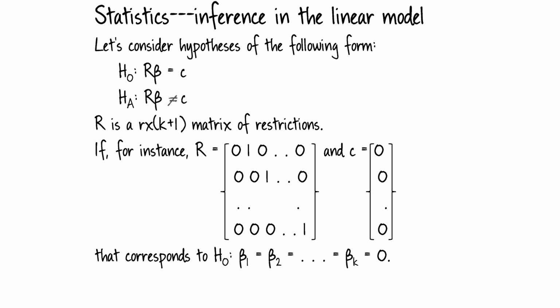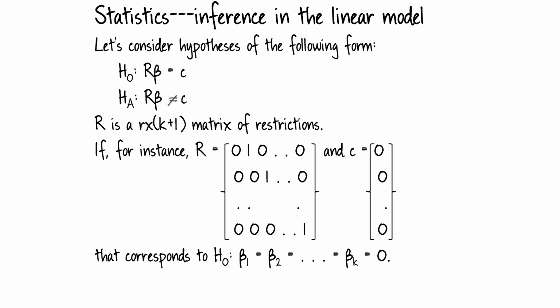Let's suppose instead that we want to test a whole bunch of hypotheses simultaneously. That beta 1 is equal to 0, and beta 2 is equal to 0, and beta 3 is equal to 0, etc. Well, then this is what our R matrix would look like. Okay, so it would basically be an identity matrix with a column of zeros tacked on the front.